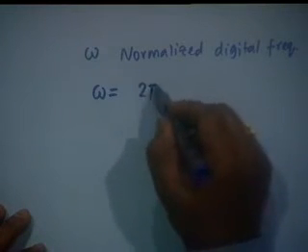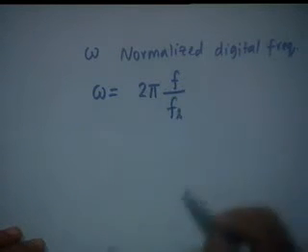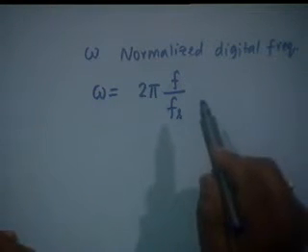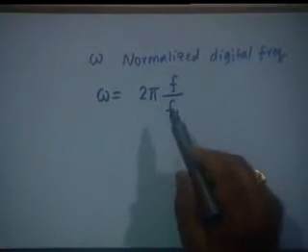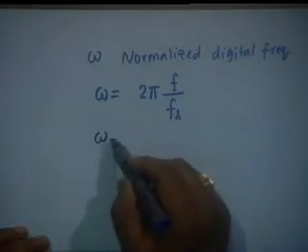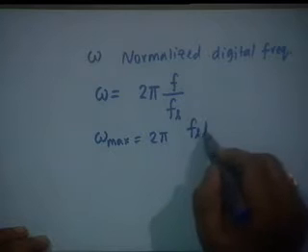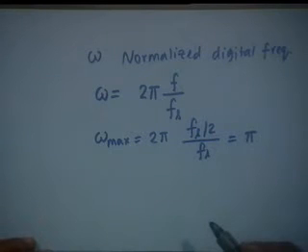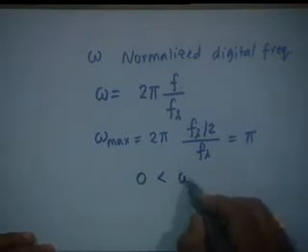Now let us recall what omega is. Omega is 2 pi f, the actual frequency, divided by Fs, and we shall soon see that in digital signal processing we cannot go beyond half the sampling frequency. Then there is distortion, and therefore we have to be limited. So omega max is equal to 2 pi, Fs by 2, divided by Fs, which is equal to pi, and therefore the range of normalized digital frequency is 0 to pi.